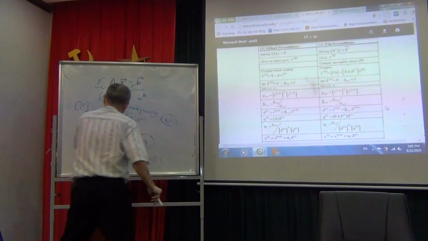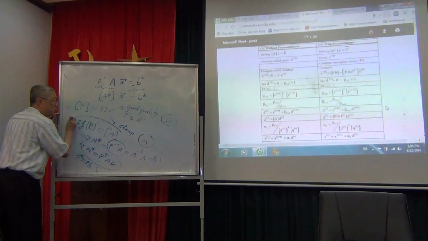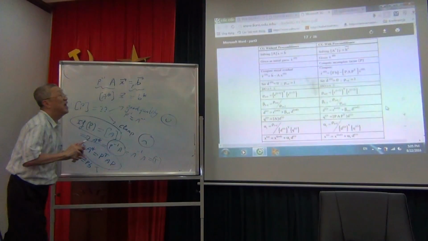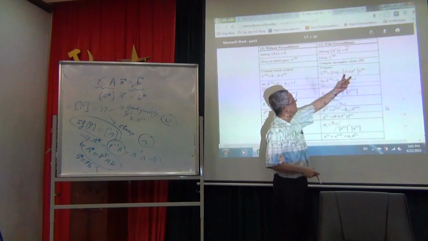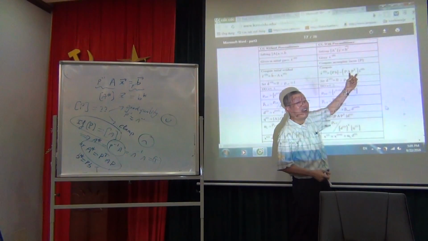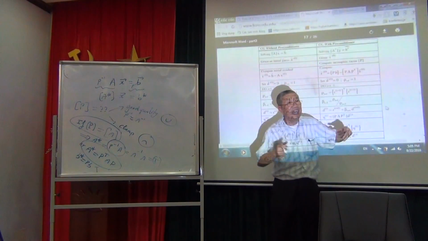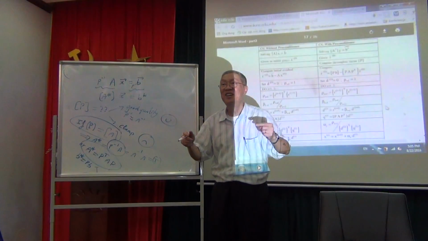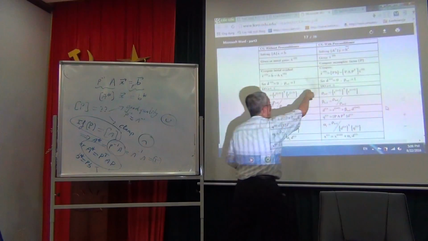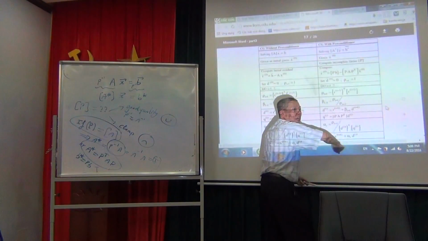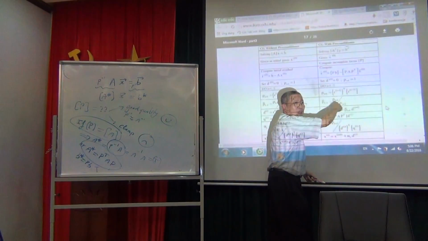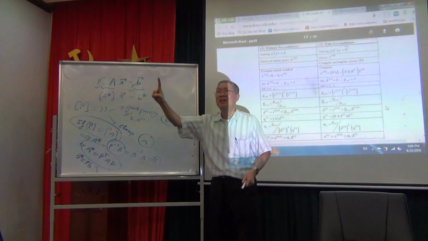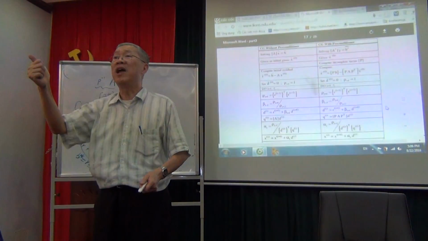Now go back to this one. If you let P equal to A, then of course the matrix A star will be identity. So what does that mean? How many iterations will it take to converge? One iteration. It will converge right away.